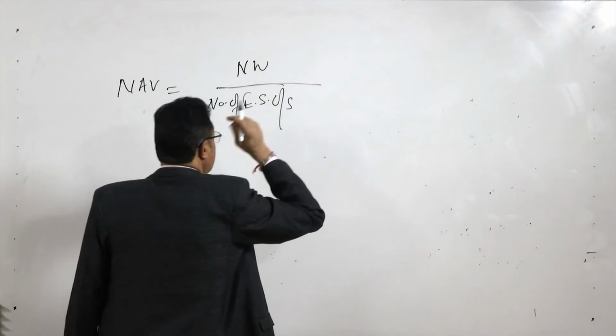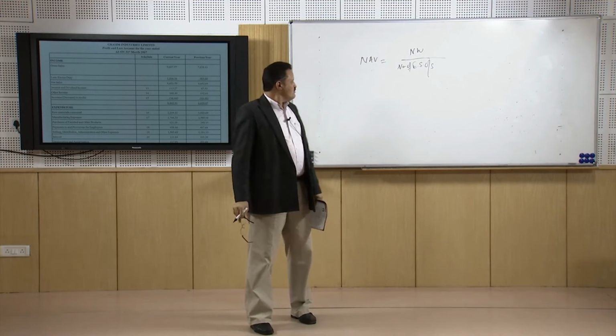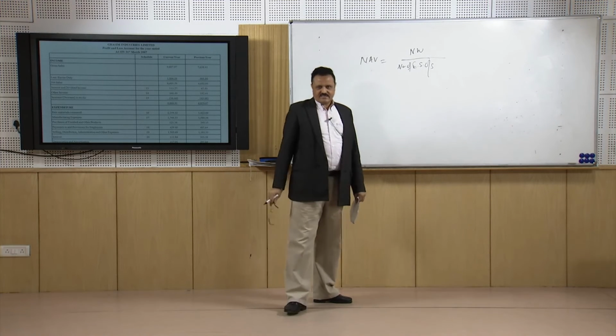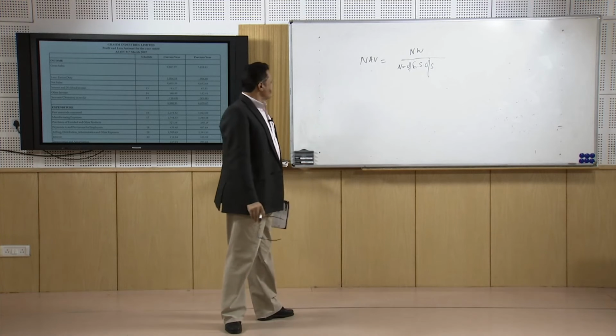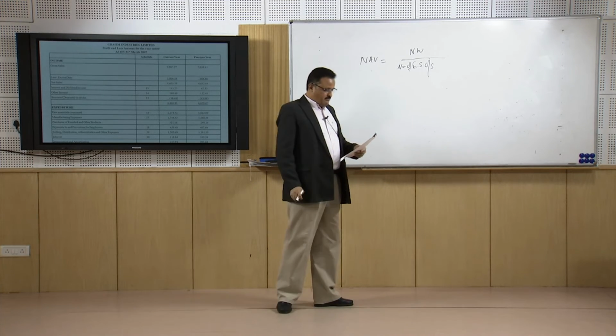This is how we calculate the NAV, or net asset value: net worth divided by the number of equity shares outstanding. So what is the net worth of the company, and what is the total number of equity shares? We have to calculate the NAV per share.